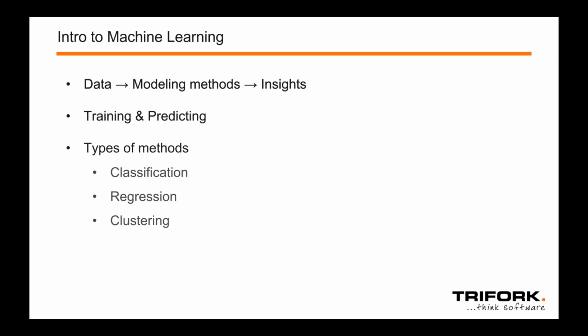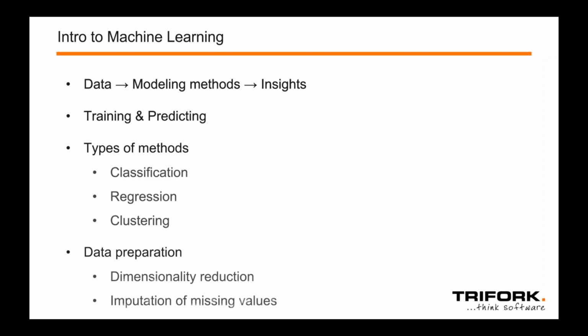So there are three types of methods for machine learning. There's classification, regression, and clustering. We'll be talking about them in detail in a minute. And lastly, one of the important parts of machine learning is doing proper data preparation, by which I mean dimensionality reduction, the practice of reducing data to its most informative parts.